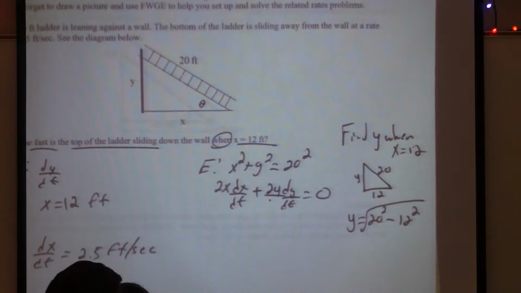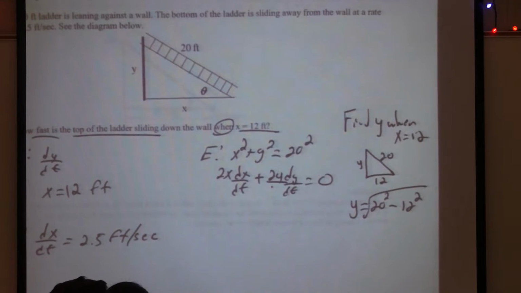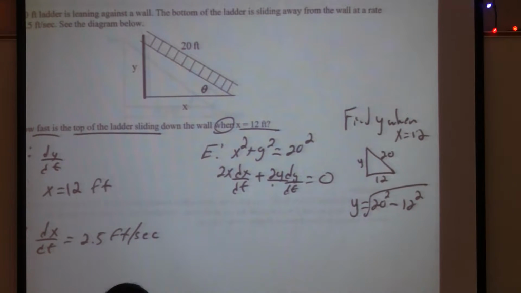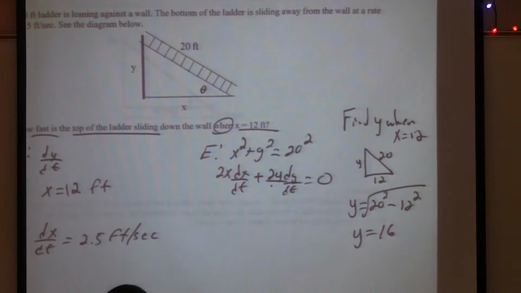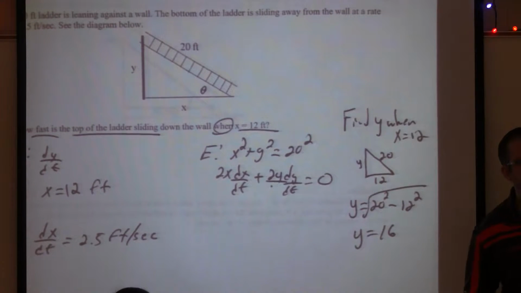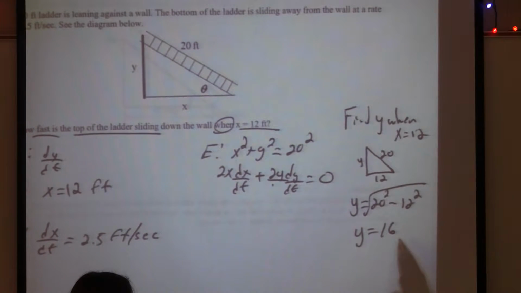Is it okay that I jump to that step already, rather than show you step by step? Because we've already done a lot of these problems. So that's 400 minus 144, that's 256. And the square root of 256 is 16.